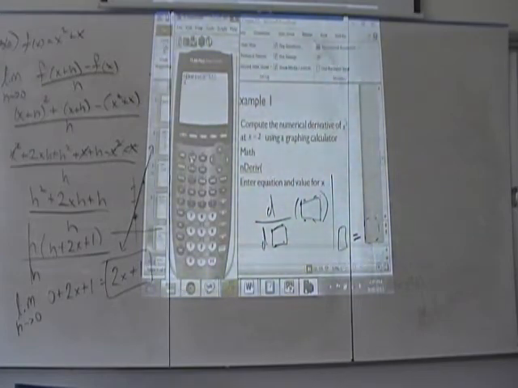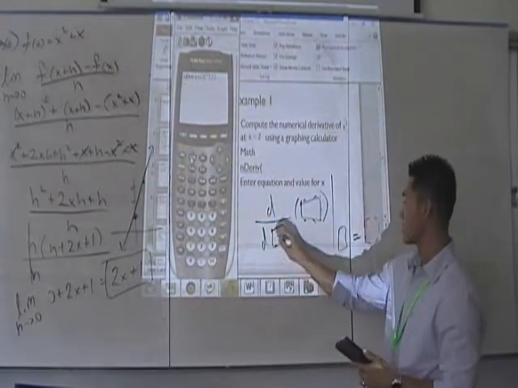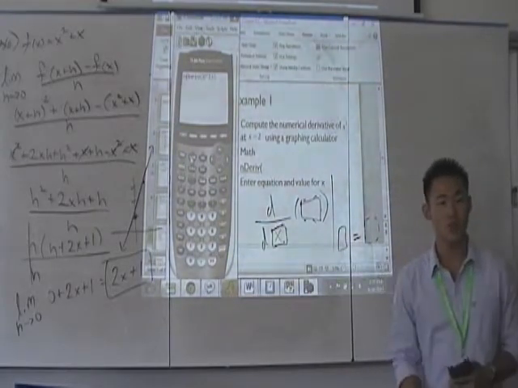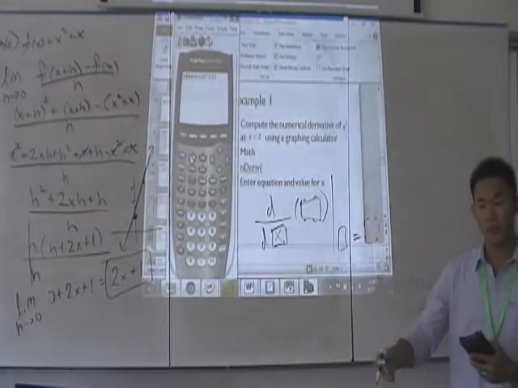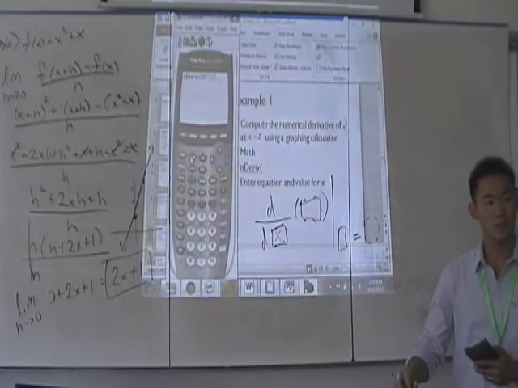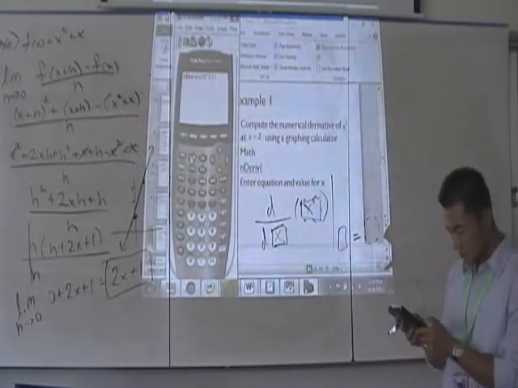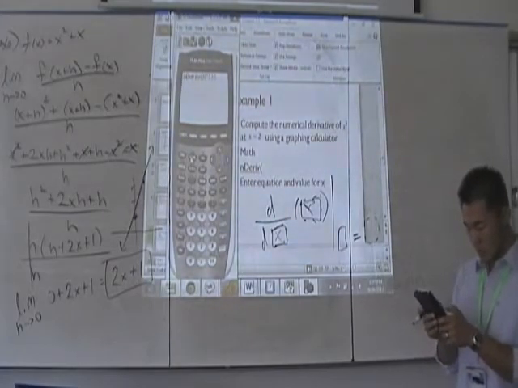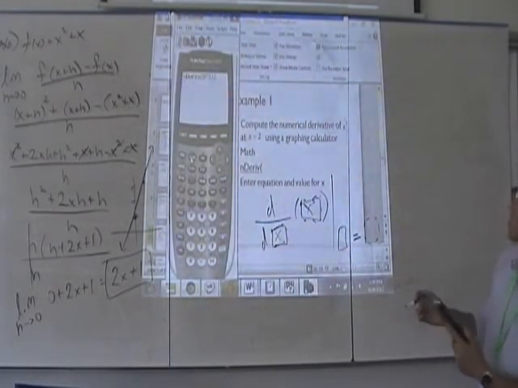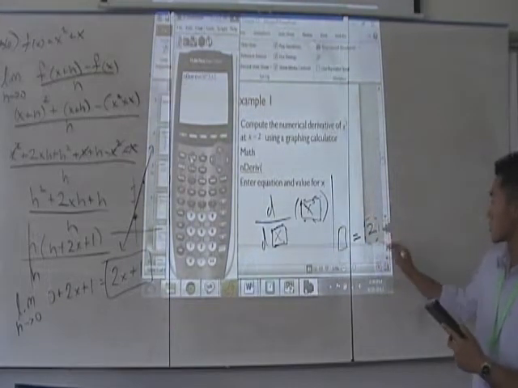Okay, what you want to do is enter x in here, because that's what you're taking the derivative of. You're taking the derivative of a function with respect to x. This is where you type in the function, so x cubed. And then the number is 2, so 2 is where you plug in there.